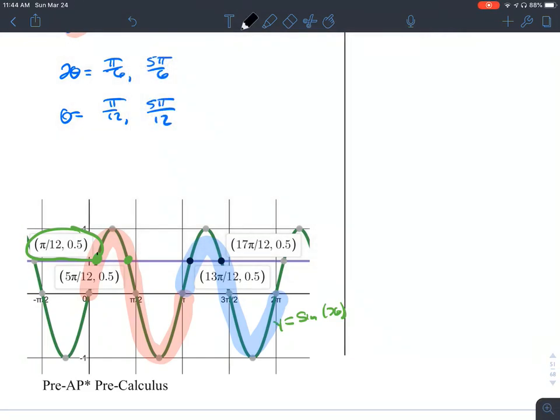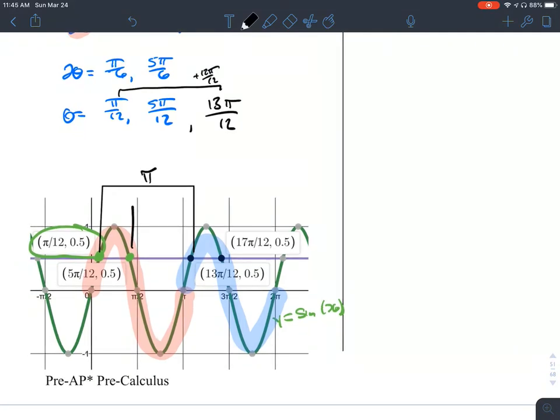Well, this point here and its corresponding point here are going to be pi units away. Normally they're 2 pi units away. Since our period got cut in half, they're going to be pi units away. So if I take pi over 12 and I add to it 1 pi, which is 12 pi over 12, that's going to give me 13 pi over 12. That's my third answer.